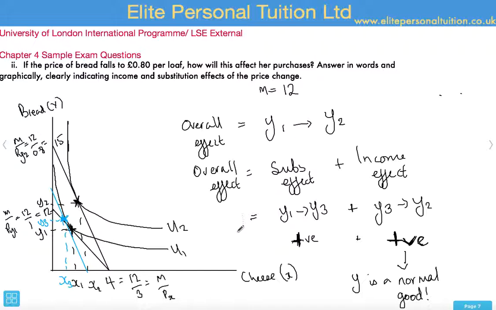And this would give you the marks for this question. Remember, I verbally gave you a definition of income and substitution effect, but if I was doing this in an exam, I would have those written out first, the definitions, and then do this diagrammatic analysis with this written in full sentences, and that would give you the marks for the question.